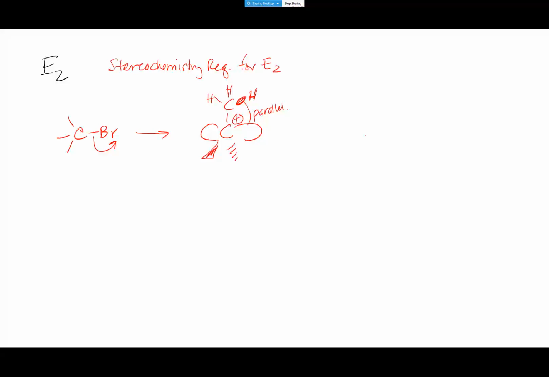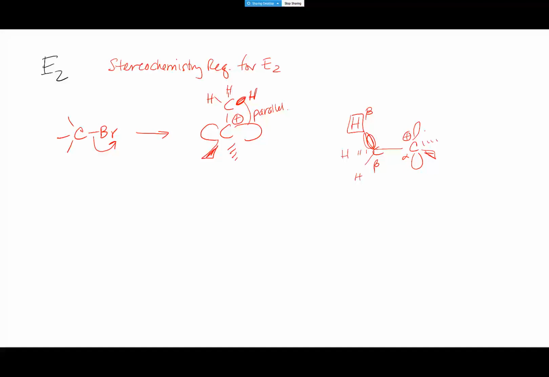And if I write that horizontally, it would look like this for that carbocation. So this is my alpha carbon that still has a positive charge. This is my beta carbon. That's my beta hydrogen that I'm going to lose. In order for me to lose that beta hydrogen that's in the square, that beta hydrogen carbon bond has to line up perfectly parallel with one of these two empty lobes.